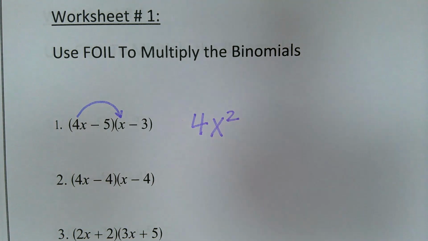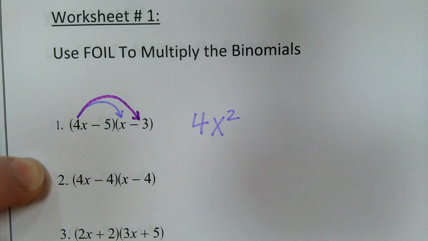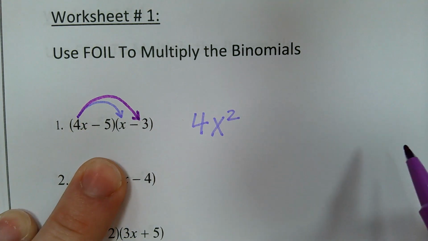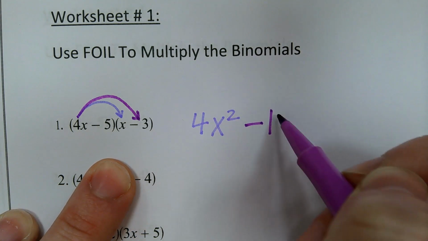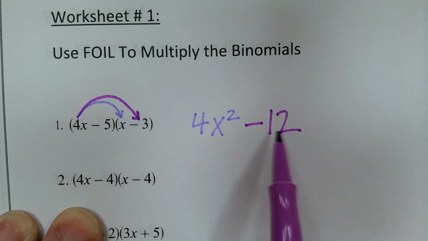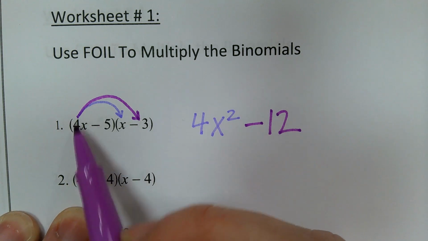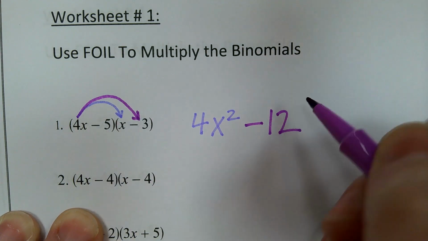Perfect. Now we want to do the outer term. Exactly. 4x times what? Negative 3. What's that going to give me? Negative 12. So 4 times negative 3 is negative 12. But what's 4x times negative 3? 12x.